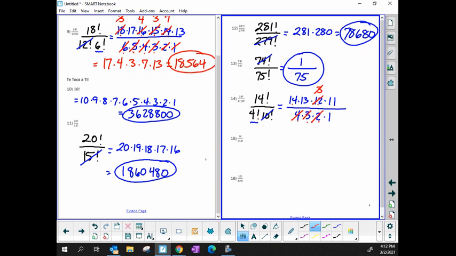So I cancel out the 2, and then 14 divided by 2 is 7. And then 1 doesn't do anything because dividing by 1 doesn't change my answer. So our answer then is whatever's left on top. So we've got 7 times 13 times 11. So I multiply 7 times 13 times 11, and I get 1001.